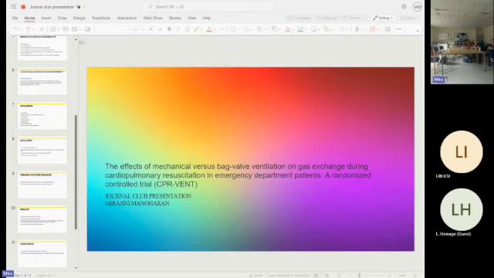And what they found was that the median partial pressure of oxygen was 36 millimeters of mercury in the hand bag ventilation and 29 millimeters of mercury in the mechanical ventilation. Confidence interval about 15 to about 70 millimeters of mercury in both groups. So not statistically different between those two groups. And they looked at other ABG parameters.